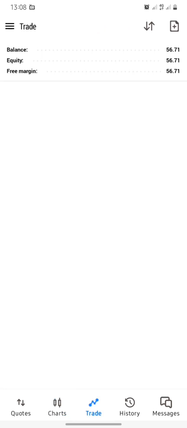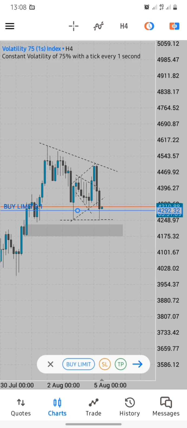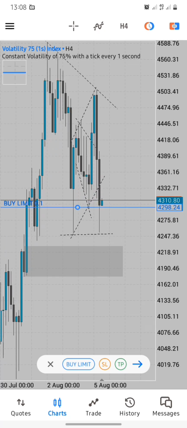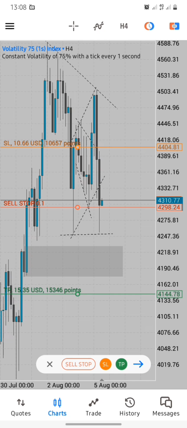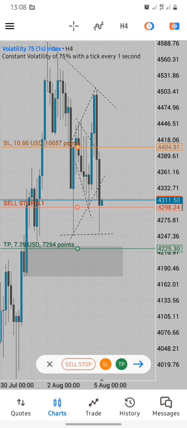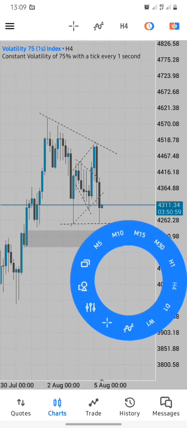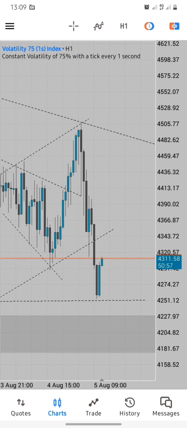Now, the price is going to push downward. It's going to push downward, and at least it will get to these shadow points here, and possibly it may even break the zone, going downward.